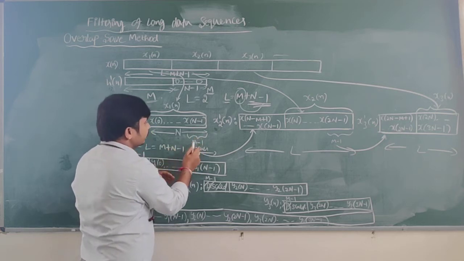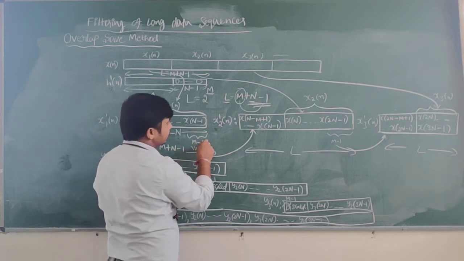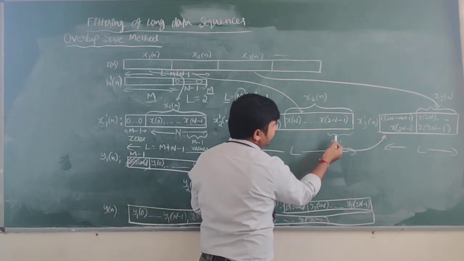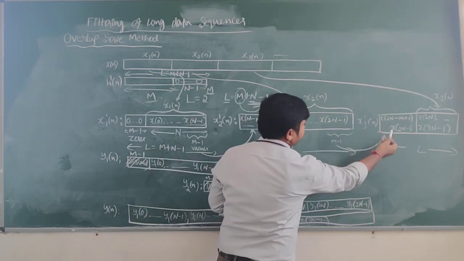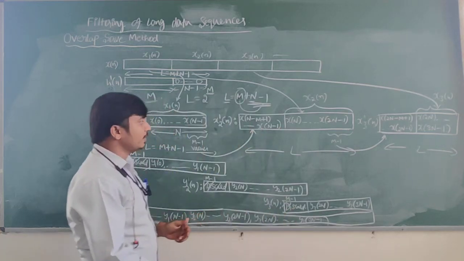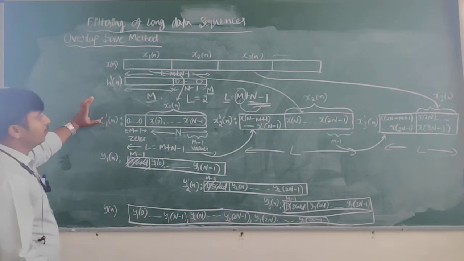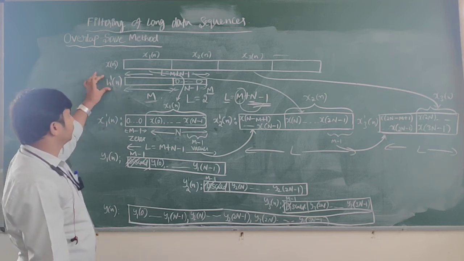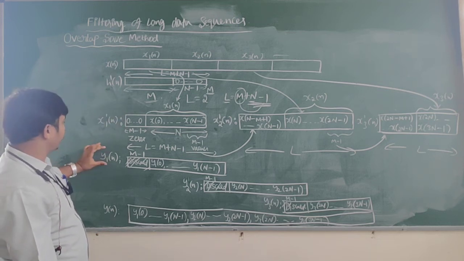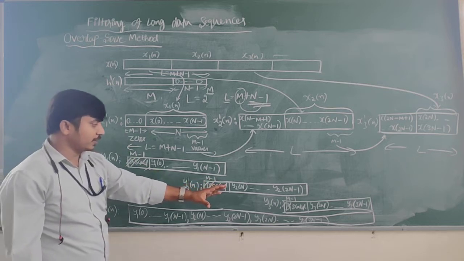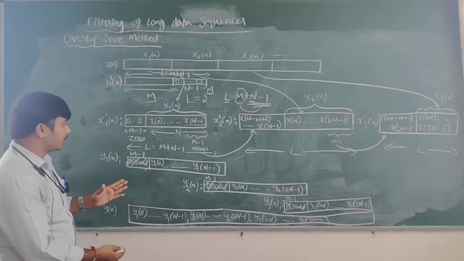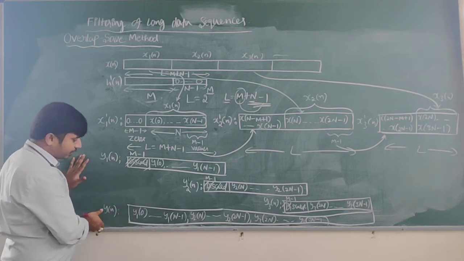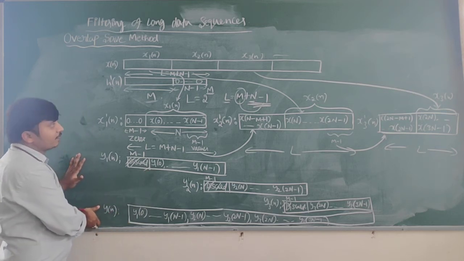So these last m minus 1 values will be the first entries of the next sequence, and the last m minus 1 entries of this sequence will be the first entries of the next one. Now I need to perform the circular convolution between each block and h dash of n. To find the outputs y1 of n, y2 of n, y3 of n, again I need to discard the first m minus 1 values in order to find the output y of n.